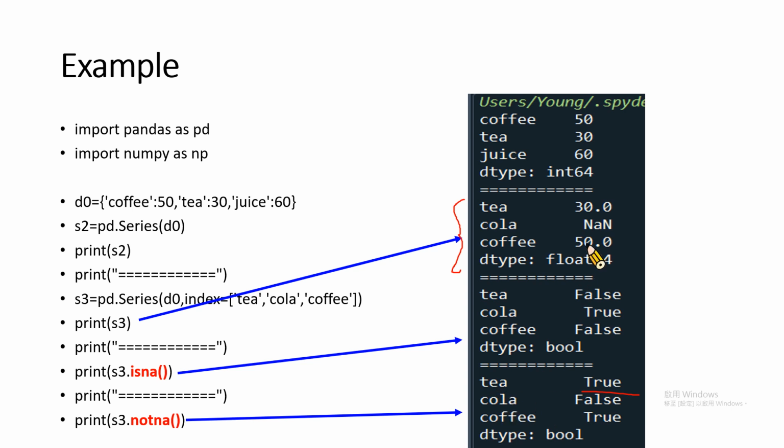For cola, the value is NaN, it is a missing value, so the test will be false. And for coffee, the value is 50, so the test will be true. So this is the result of the notna method.